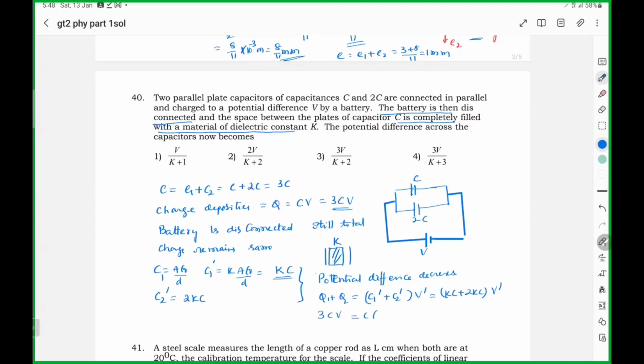Now the plates of capacitor C are completely filled with dielectric, not the second one.